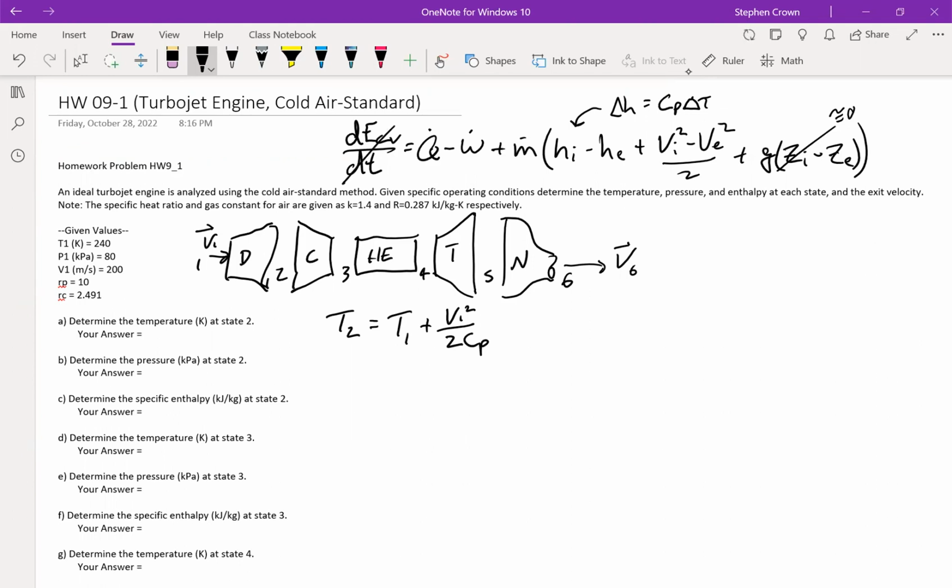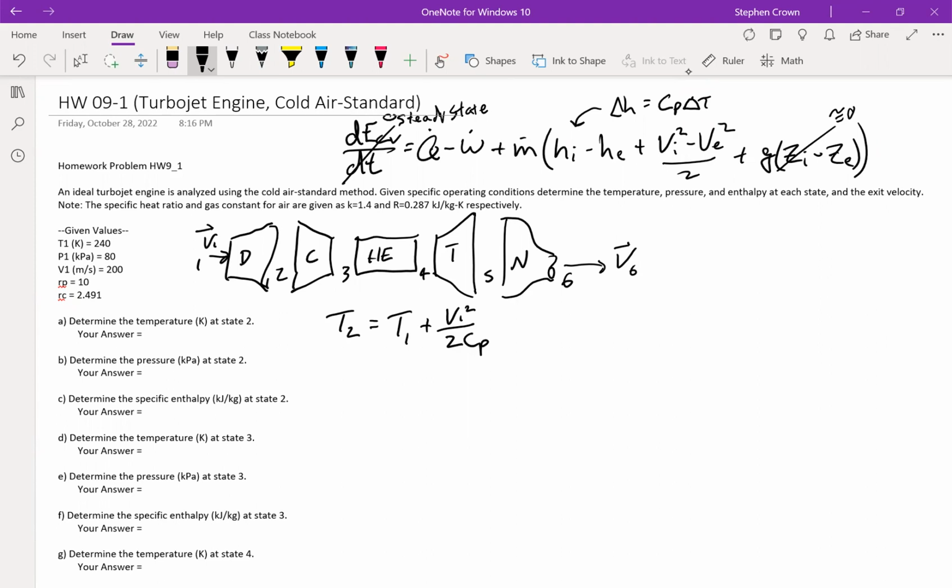And in each component, the change in energy of the control volume with respect to time is zero. So it's a steady state. So the derivative of energy with respect to time is zero.